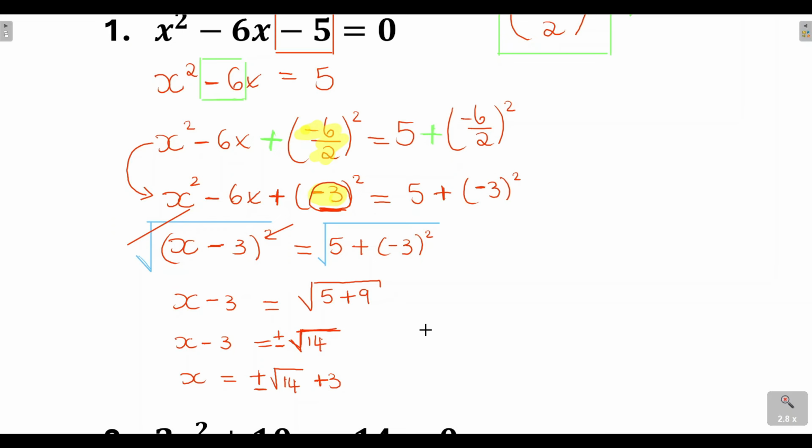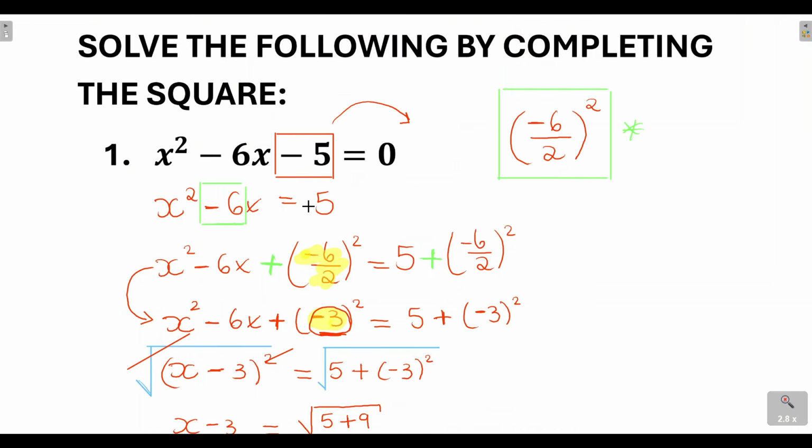Or you can also write this as x is equal to 3 plus or minus the square root of 14. I forgot to mention here that you need to leave your answer in the simplest surd form.